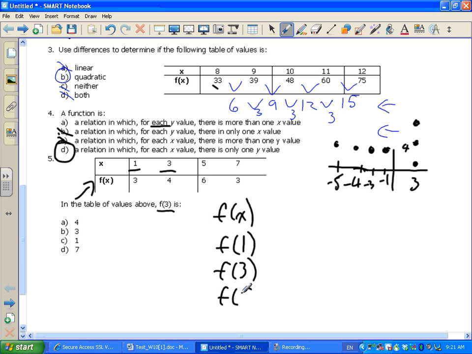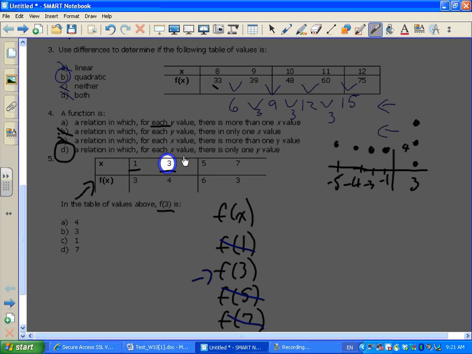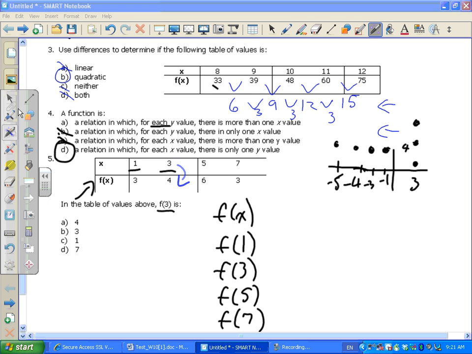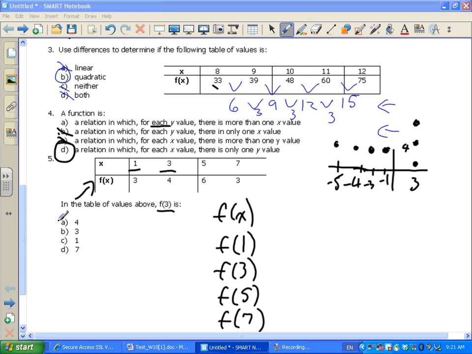Our fourth option was f at 5, and our fifth was f at 7. So first option, third, and fourth are no good. We're looking for f at 3, which is this one here. And they want to know what the value is. So f at x would be equal to 4 when we're at f at 3. In other words, we're looking for A.